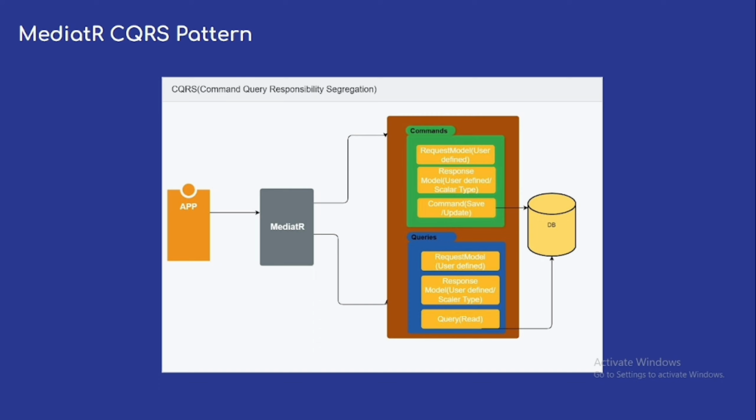So what is the change? Nothing changes. On top of CQRS, the mediator helps us by making a single pipeline for invoking commands and queries in an easier way. But here there are no optionals. The request model and response model must be defined. There is no optional when we use the mediator pattern.